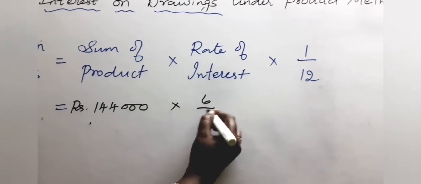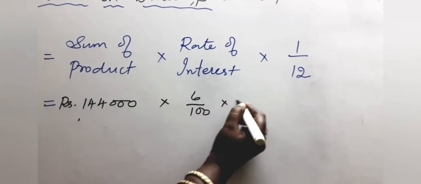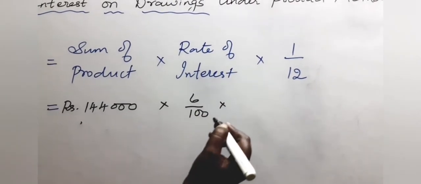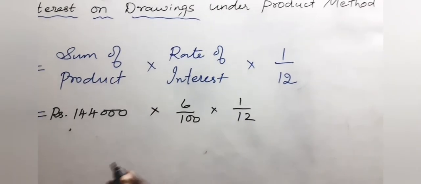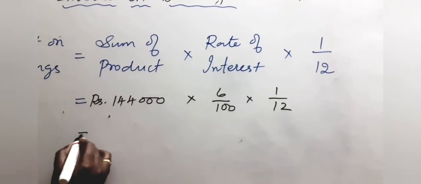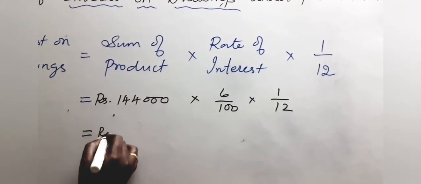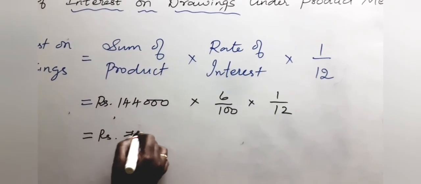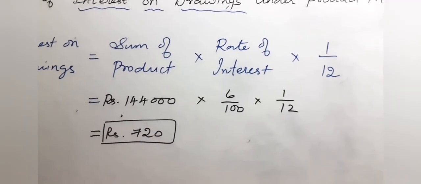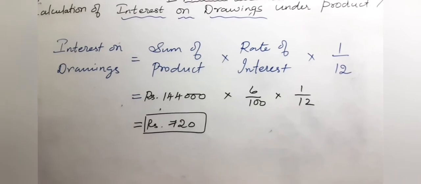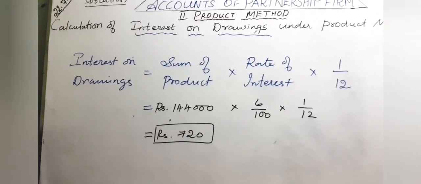That is 6/100. And the period, as I told you, it is in months, isn't it? So 1/12. We calculated in months only. You can verify the question. Now this will give you an amount of rupees 720 as interest on drawings when you calculate. You got me, students? Hope you understood this sum.